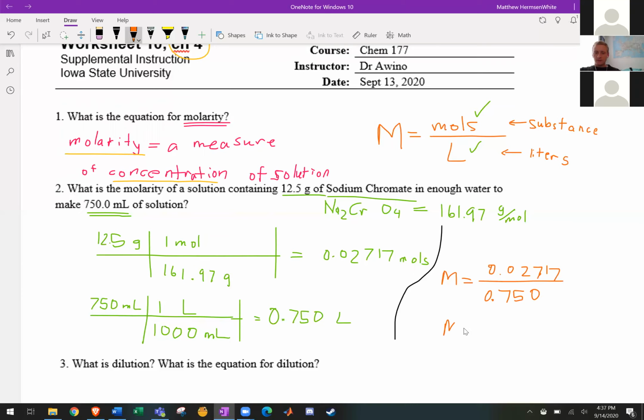That will give you a molarity of 0.103, and that would be your final answer. You would say that this solution has a molarity of 0.103. What questions do you have on number 1 or number 2?